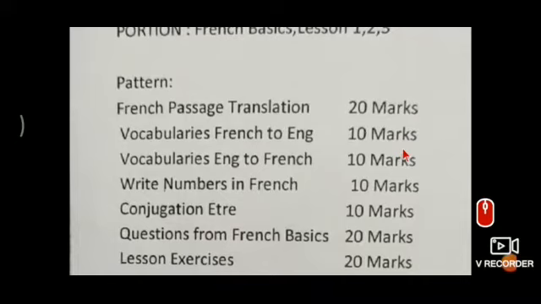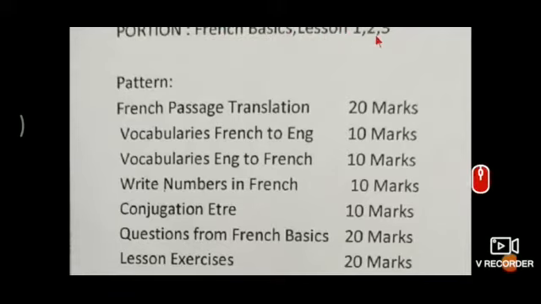Second is vocabularies, 20 marks, English to French and French to English. Last time you did only English to French, right? This time, for your convenience, I have made it French to English 10 marks and English to French 10 marks. These vocabularies will be asked only from lessons 1, 2 and 3, so no basics portions will enter in this.